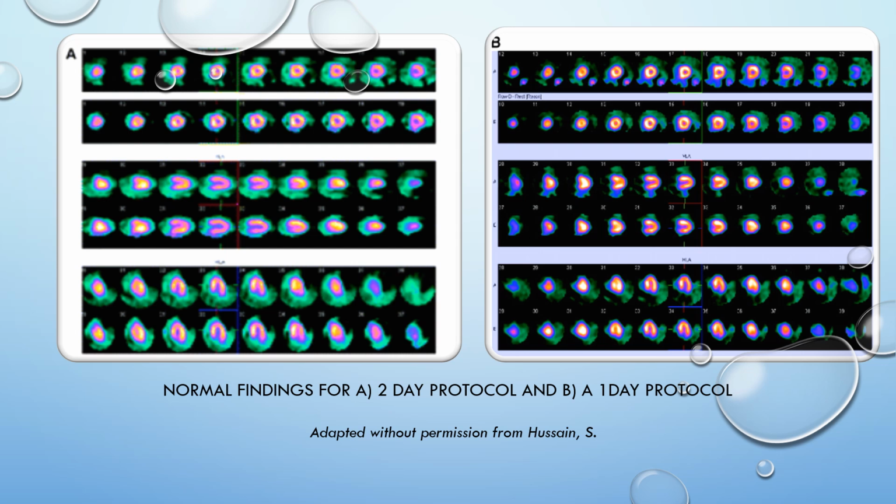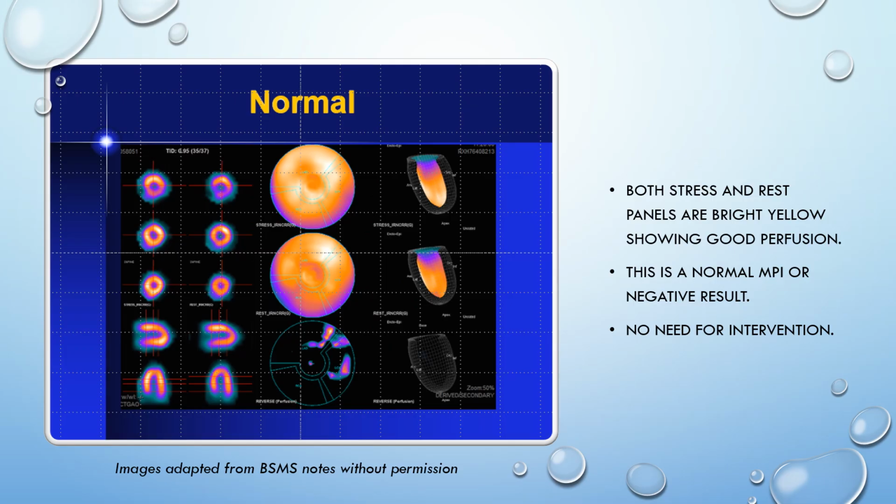I just thought to bring this up because the A picture was taken in a 2-day protocol, and the B picture was taken in a 1-day protocol, and both of them are very interpretable and look very good. So this is also normal with the polar image. You can see that the polar image is almost the same as this one. The blue is really minimal, and there aren't any issues. Stress is the same as the rest.